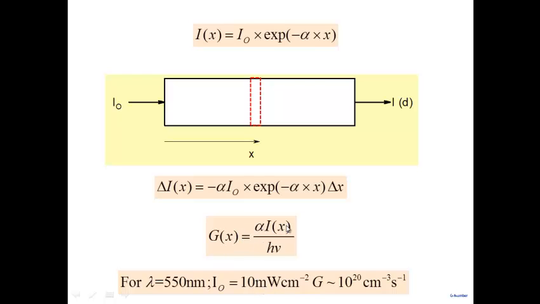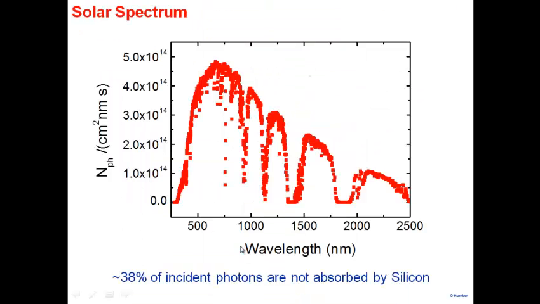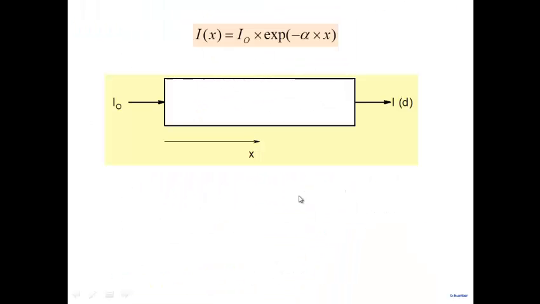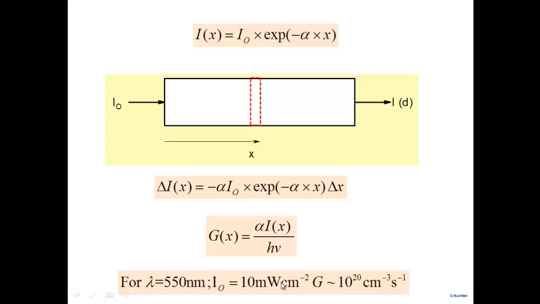Then if I plug it in with the alpha that I can read from the silicon graph here for that particular value, and I take this kind of intensity and h mu corresponding to 550 nanometer, my generation rate comes out to be 10 to the power 20 per centimeter cube per second. Okay. So that's the total number of electron hole pairs which are being generated here.